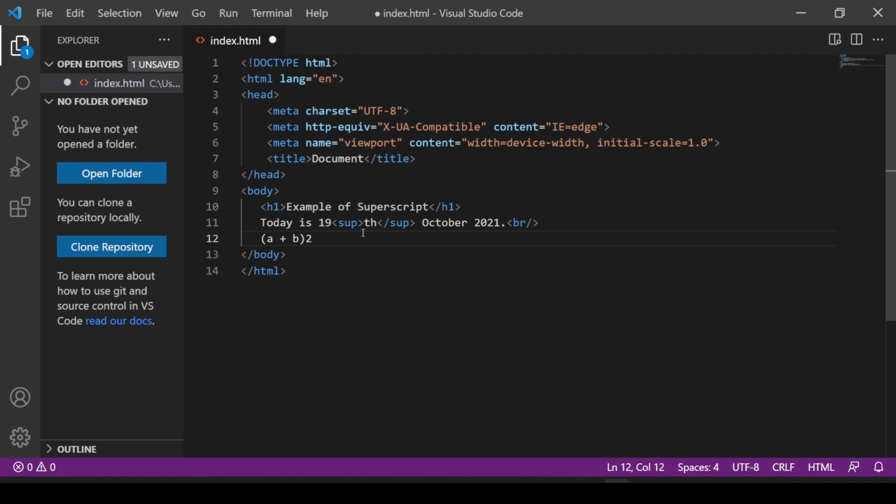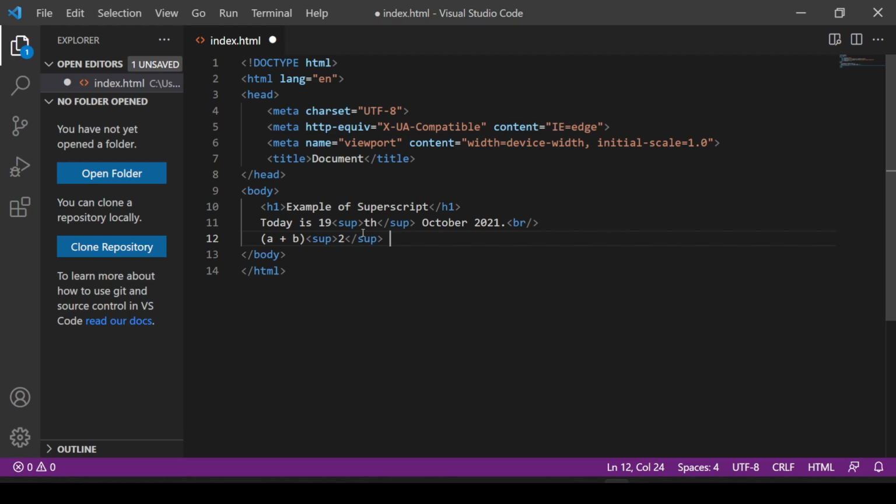To write this 2 in whole square form, I need a superscript tag. As usual, I copy this superscript tag along with 2.